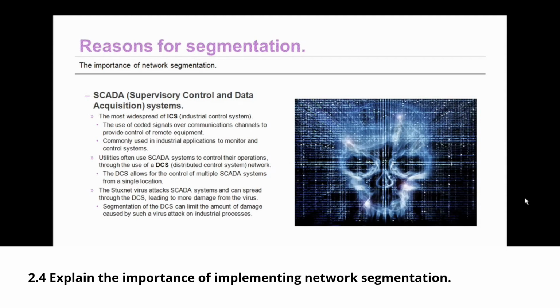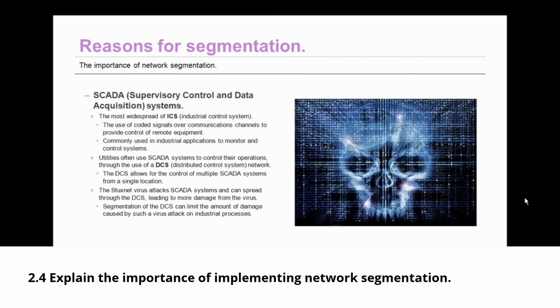They're commonly used in industrial applications to monitor and control systems. Utilities often use SCADA systems to control their operations through the use of DCS networks. That is a distributed control system network. The DCS allows for the control of multiple SCADA systems from a single location.